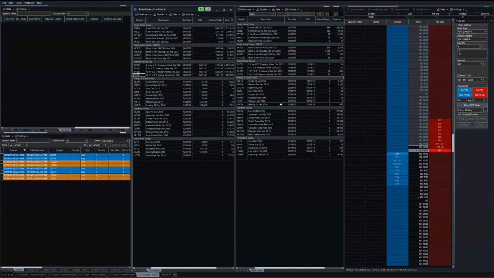Let's go first to the currency group, because the currency group is also very simple. And then we go into the energy and metal. And in energy and metal, we have then obviously more minis and micros available.